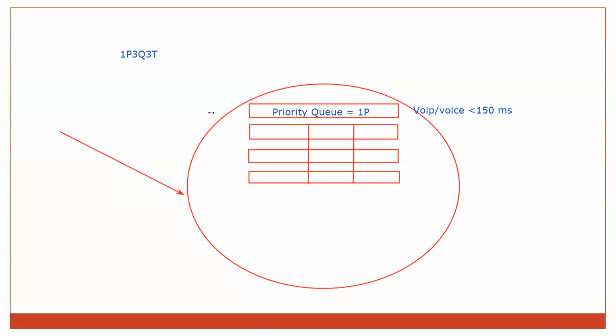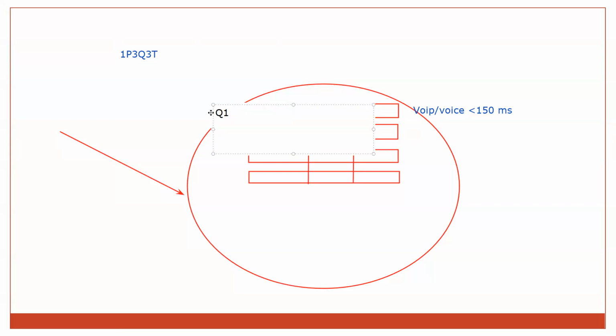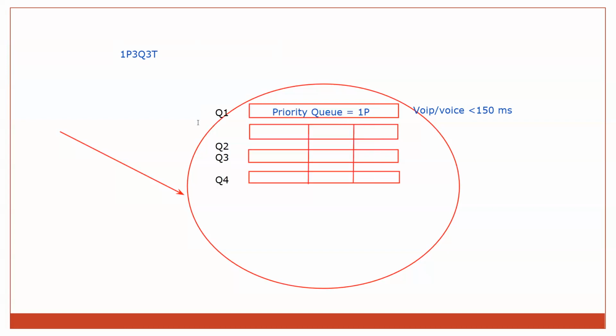Suppose this is Q1, then Q2, Q3, and Q4.